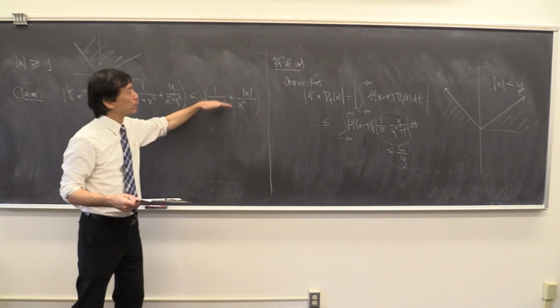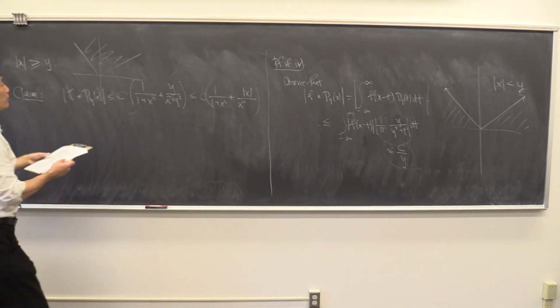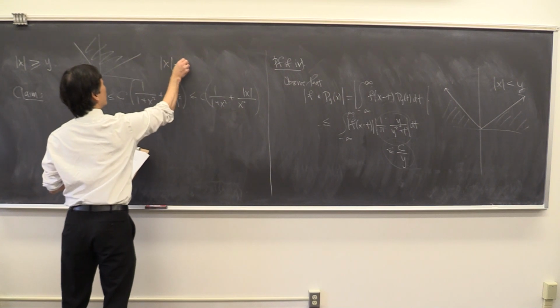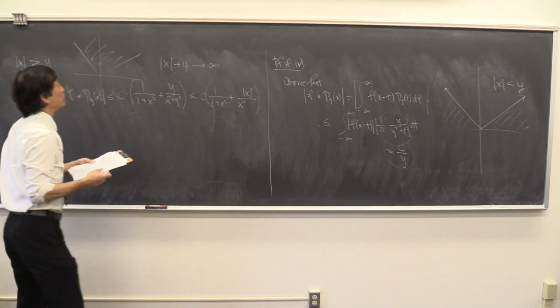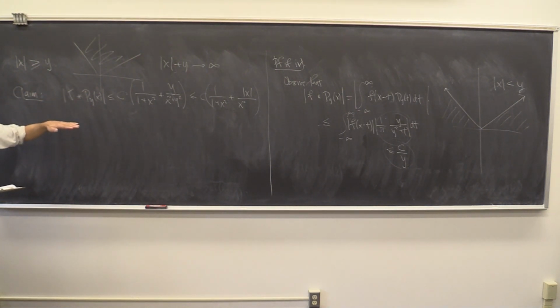So this is like 1 over x squared and 1 over x. And as x goes to infinity, we get 0 again.